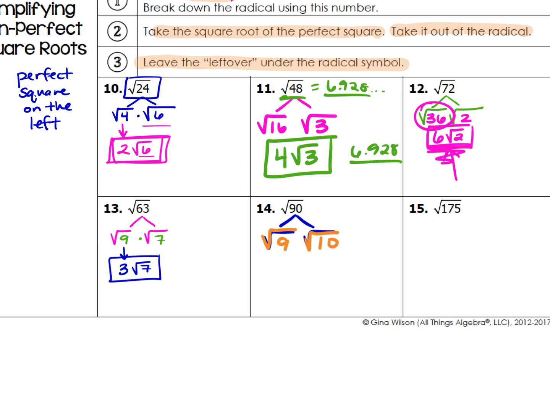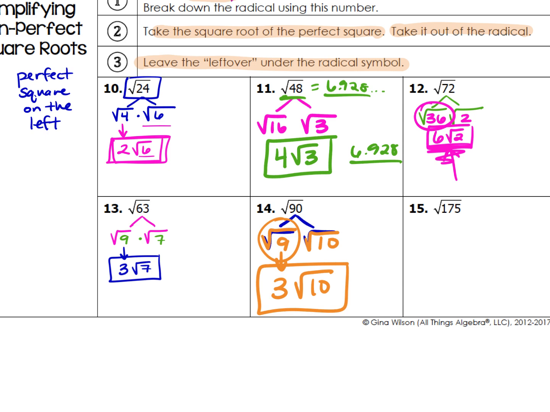Is 2 a perfect square? Is 5 a perfect square? No. So even though you can divide it by other numbers, if you can't divide it by a perfect square, you're just done. Okay? So the square root of 9 is 3. The square root of 10 is the square root of 10. Okay? So take the square root on the left, leave it in the square root on the right. Does that make sense? Yeah.